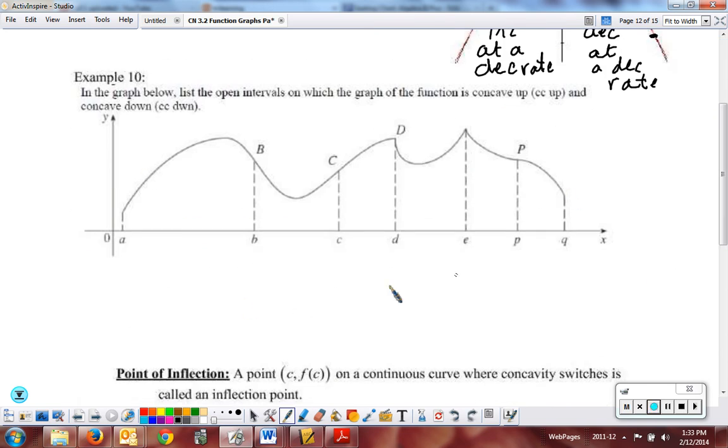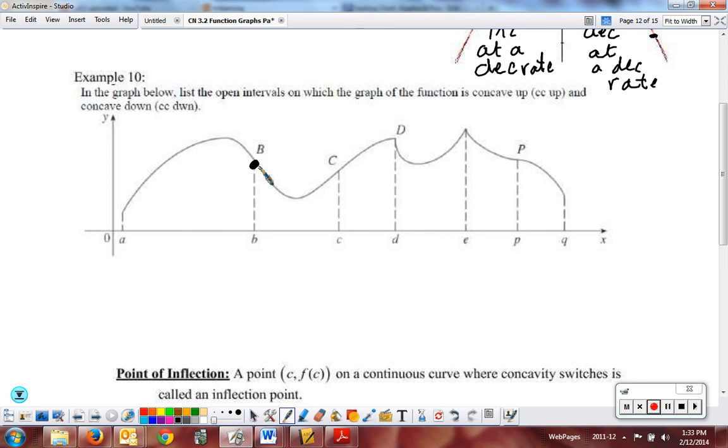All right, so here's my little graph that's right here. Now notice, am I considering critical values for switching concavity to the extrema? Nope. Those are only critical for switching increasing and decreasing. There are points, like this point B right here, it's a place where I'm switching my curvature. That is not an extrema.